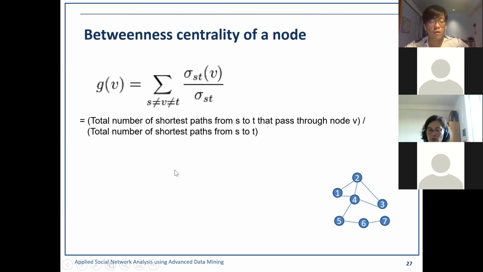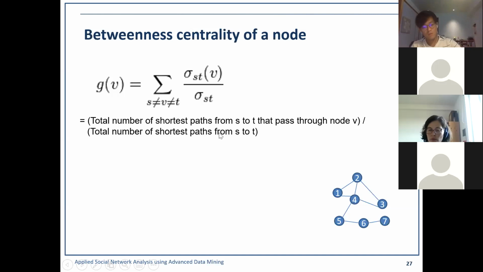Think of a social network with nodes, and I want to calculate the betweenness centrality of node V. This formula takes any node V of my social network and calculates its degree of betweenness. So node V could be, for example, node 4 in our example here.